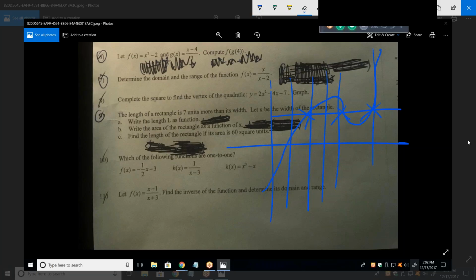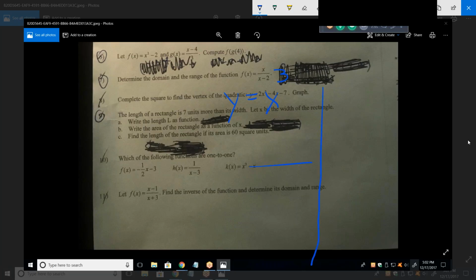Now, if we want to talk about what this function looks like, let's talk about y equals x cubed. This turns out to be just a transformation of y equals x cubed. If you take your parent function, it looks like this, with a flat tangent line right there. Does it pass the horizontal line test?